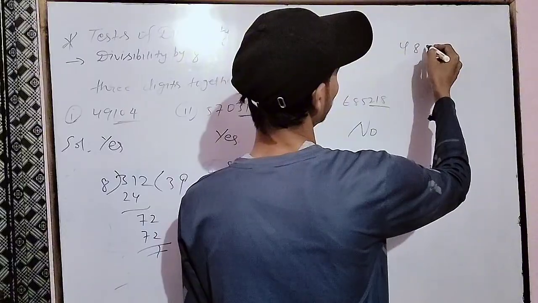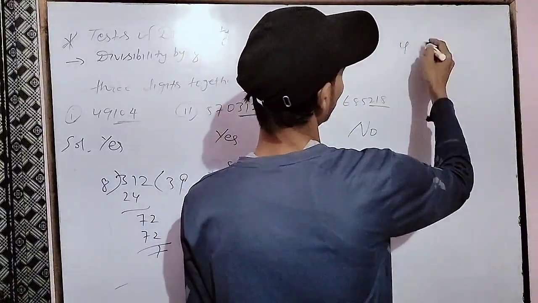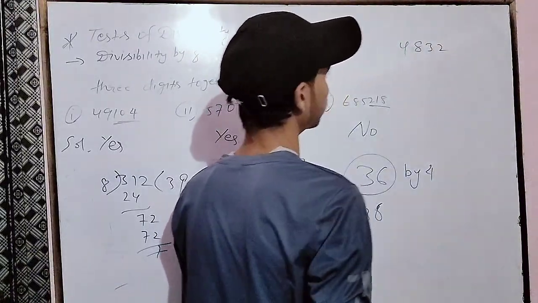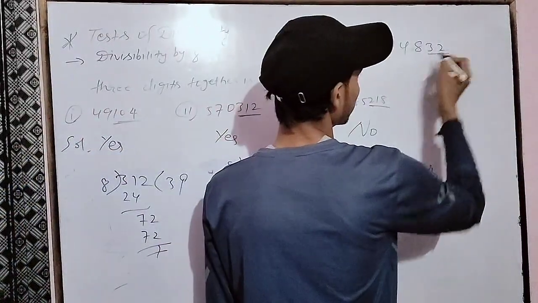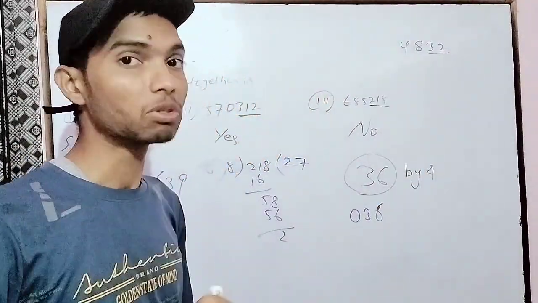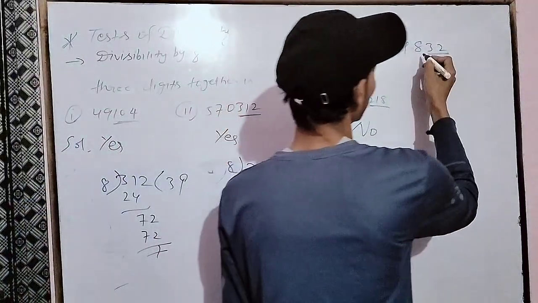Here you can say this number, 4832, is divisible by 4 and also by 8. Here the last two digits are divisible by 4. What can you say here?